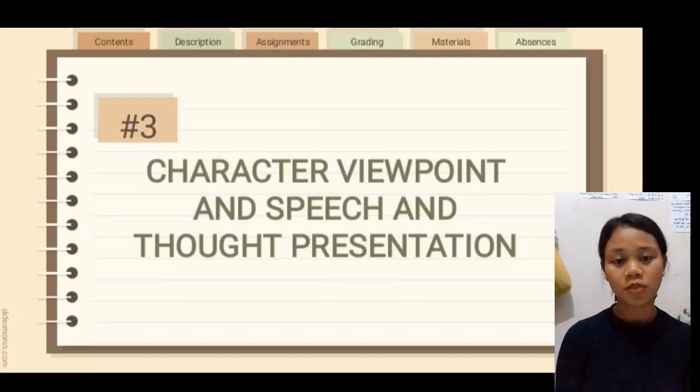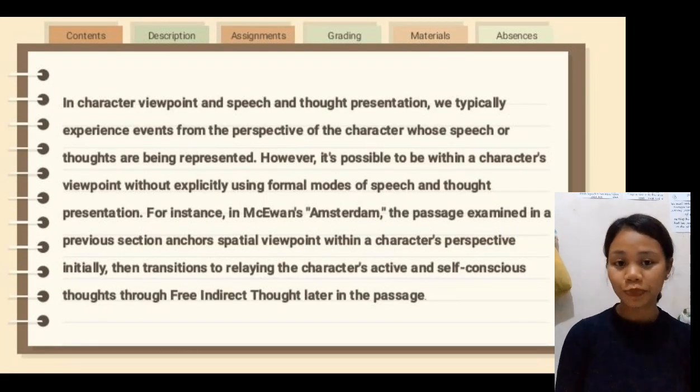Character viewpoint and speech and thought presentation. In character viewpoint and speech and thought presentation, we typically experience events from the perspective of the character whose speech or thought is being represented. However, it's possible to be within a character's viewpoint without explicitly using formal modes of speech and thought presentation.